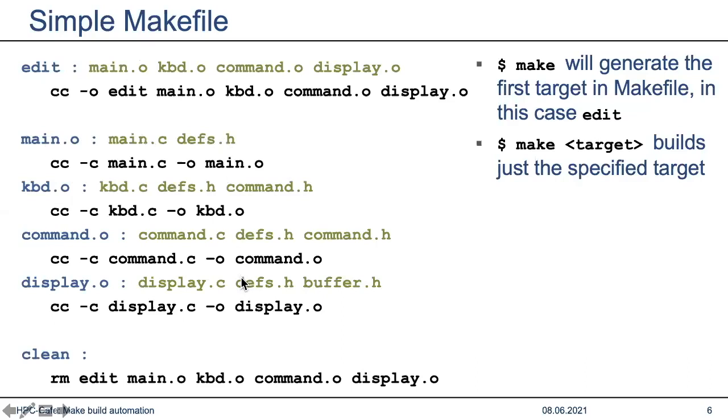And of course, here in C, you have the source file as a prerequisite, but then you also have all the headers that are included. So that if you change an interface, a signature in a header, make knows what files it needs to rebuild. And finally, at the end, you have one of those phony targets.